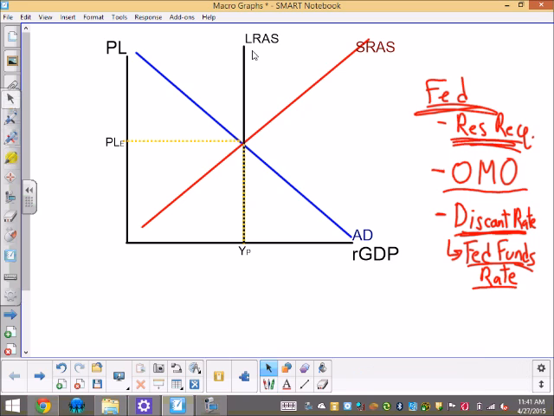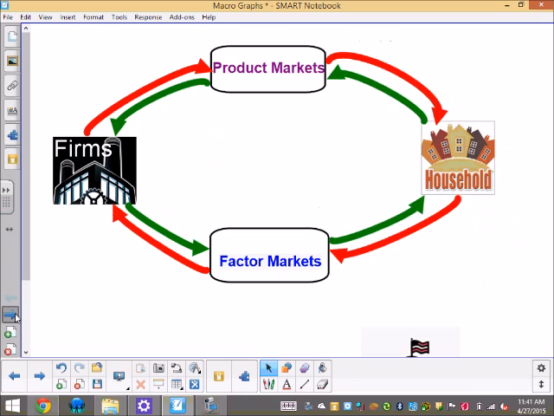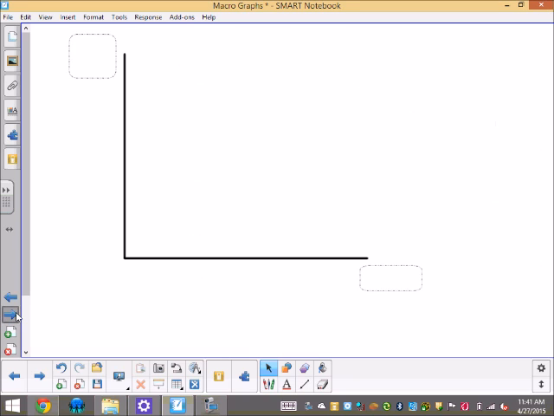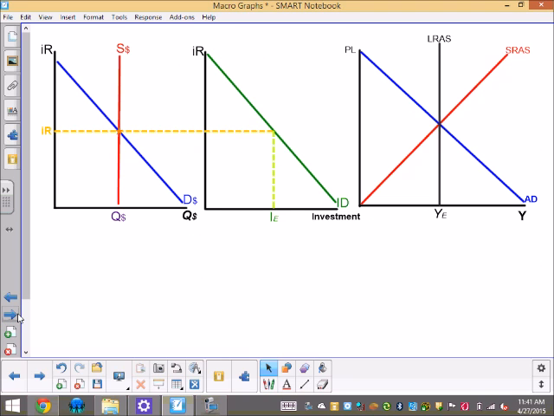Okay, so let's make sure that we understand the transition between all these graphs. You guys probably remember this one a little bit, whether you like it or not. We know that this first graph here is what? Right, this is the money market. It's a market for money.